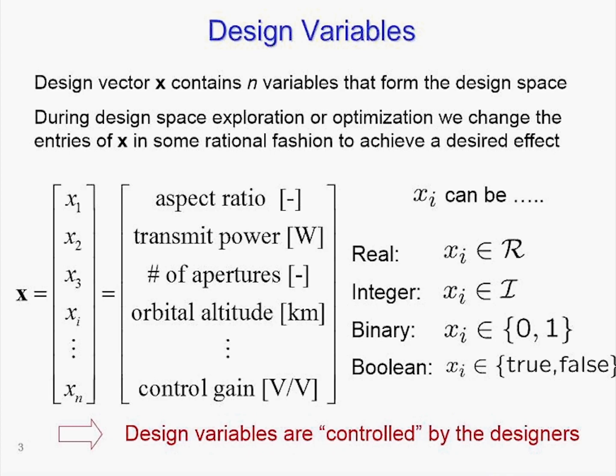We're going to give it the symbol X. I'll put a vector symbol above it just to denote that it's a vector. And it's going to contain n design variables, NDVs, that form the design space. So when we talk about the design space, we're usually talking about the space that's defined by these quantities in the design vector X. So n design variables that form the design space.